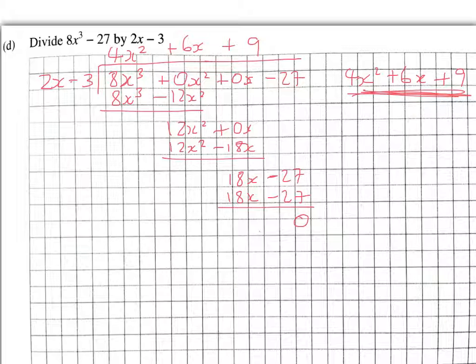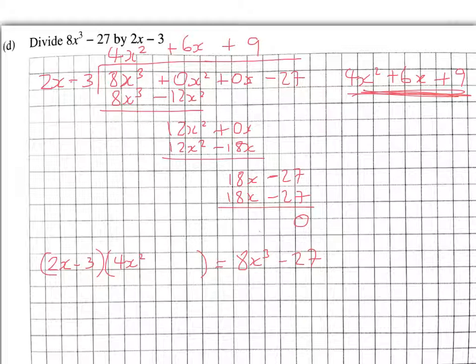This is not the only way I could do this. An alternative approach is to think of it as a multiplication. So the question is, what do I multiply by 2x minus 3 such that I will get the cubic expression of 8x cubed minus 27? Well, the first thing you do is you say, what do I multiply by 2x to get 8x cubed? It has to be an x squared term, and it'll be 4x squared.